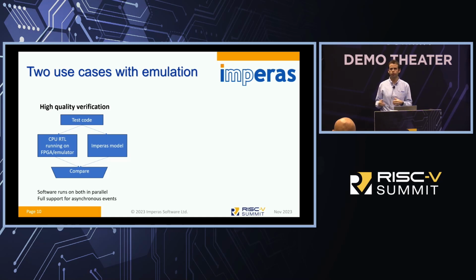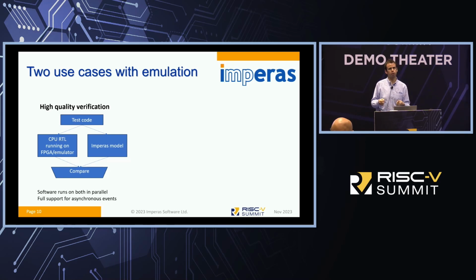There's also a good use case for an ISS with emulation. When it comes to doing verification of CPUs, again, as Simon talked about in his keynote, the number of cycles you need to run is just impractical in an RTL environment, so you're going to have to use an emulator. And you can use our model alongside that as a golden reference. You can co-simulate in lockstep with your emulated core, and there's support for things like asynchronous events.